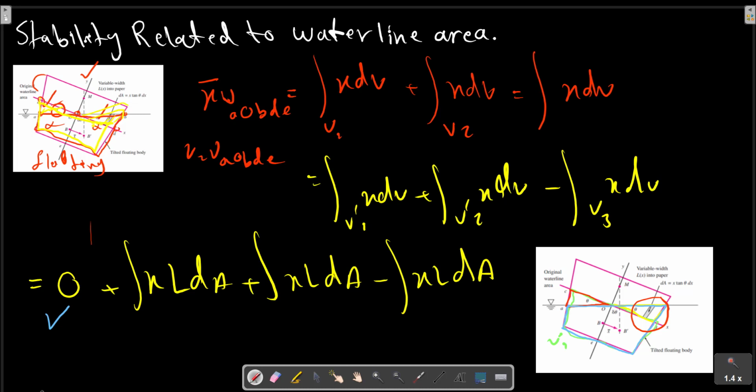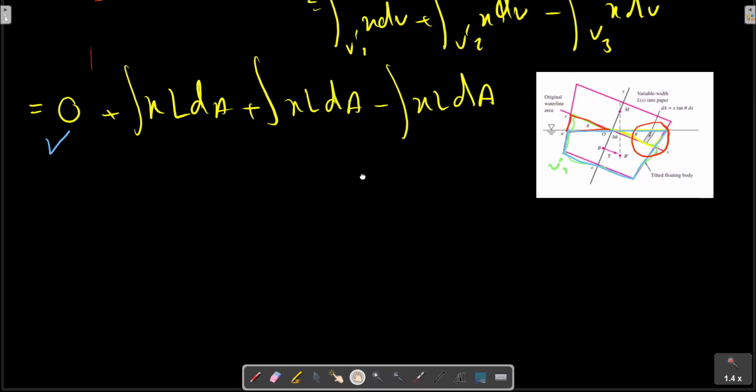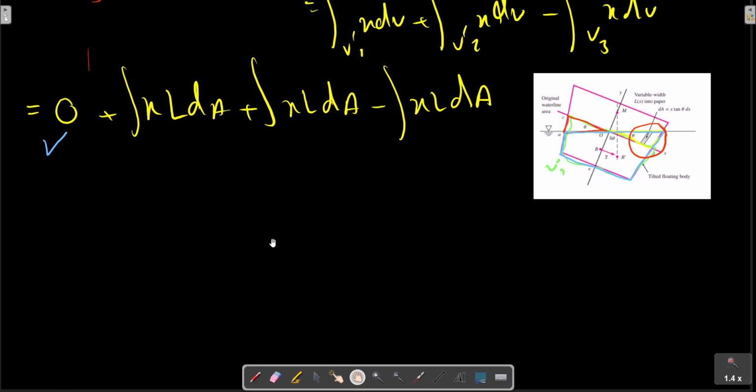We can write an expression for dA equals x tangent theta dx.